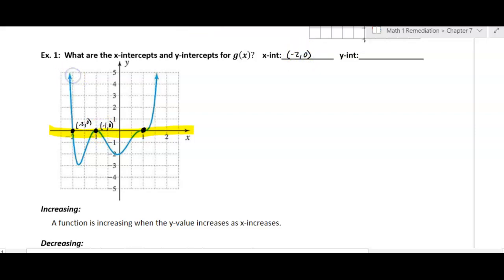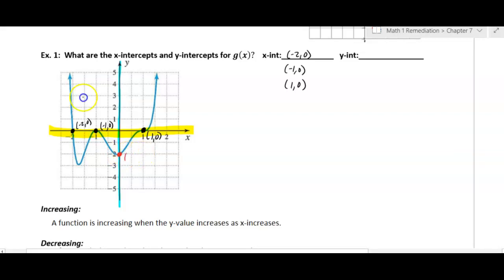This is at negative 1, 0. That is another x-intercept. This one is at positive 1, 0. So that would be a third x-intercept. Okay? Now, the y-intercept, right? If I highlight the y-axis right here, I'm going to plot a point at the intersection of the graph and the y-axis, which is right here.